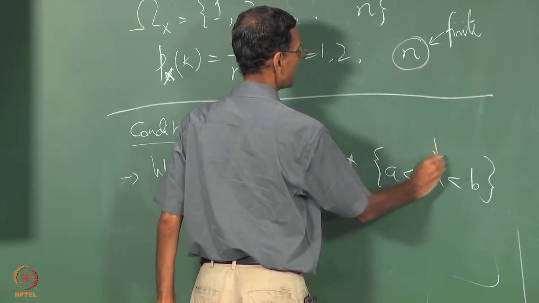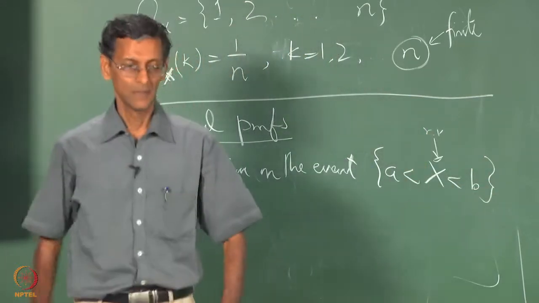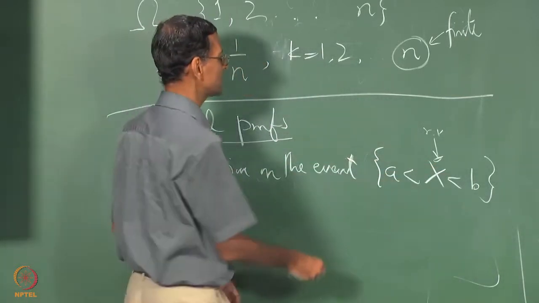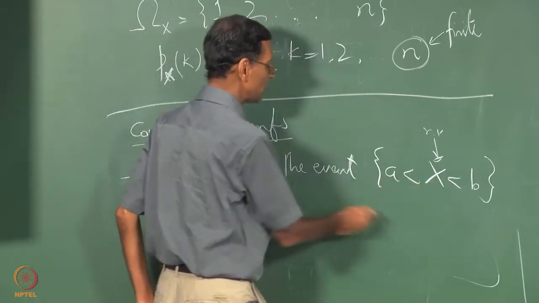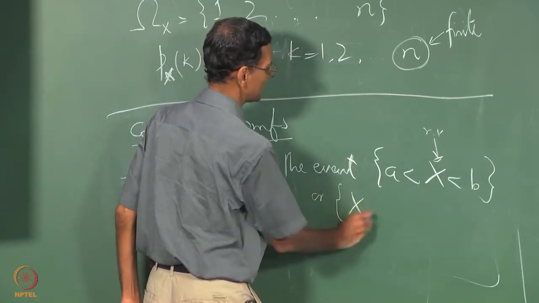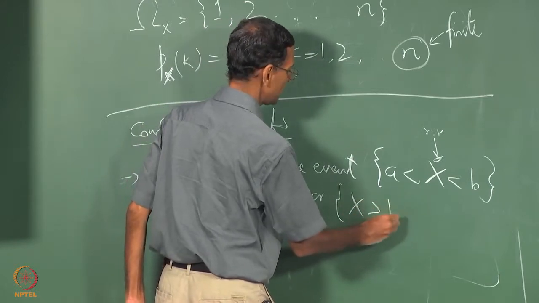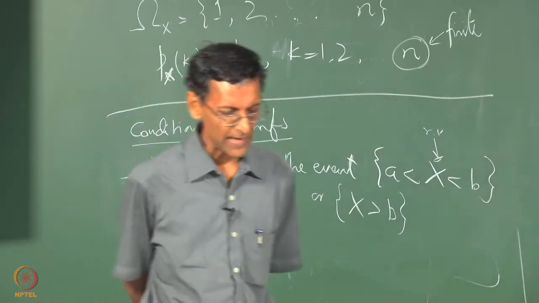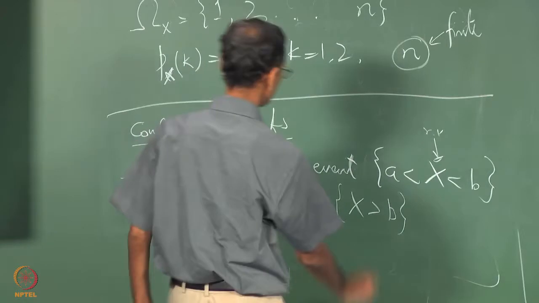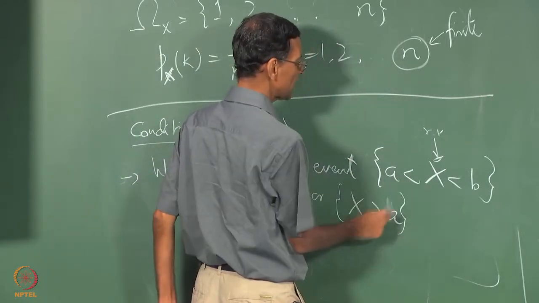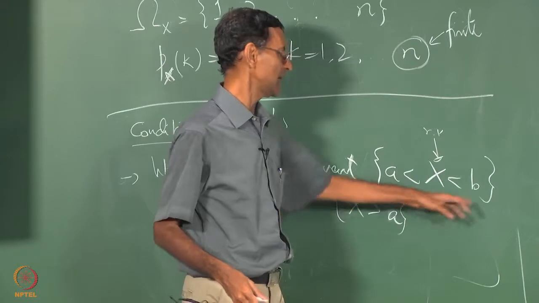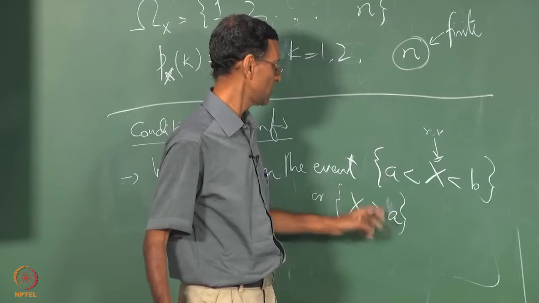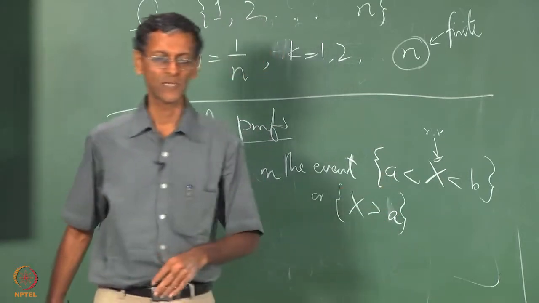This x is our random variable, which includes, for example, a less than x less than b, or it could even be equal, or for example x greater than b. Let me put a here, not b, because these two things are pretty much the same if you say b is unbounded. So I should use a only to make these two look the same.